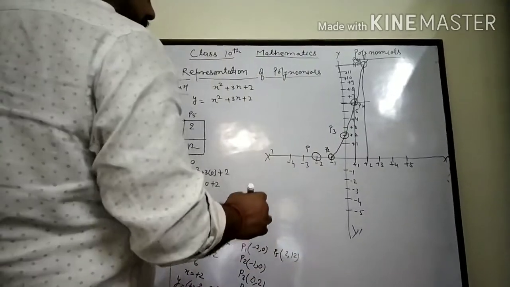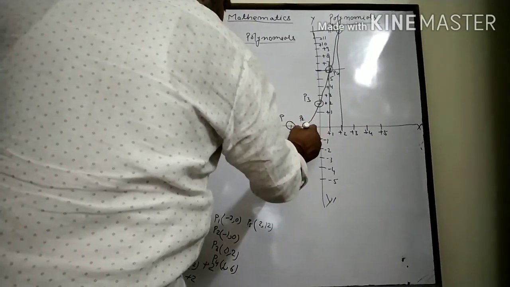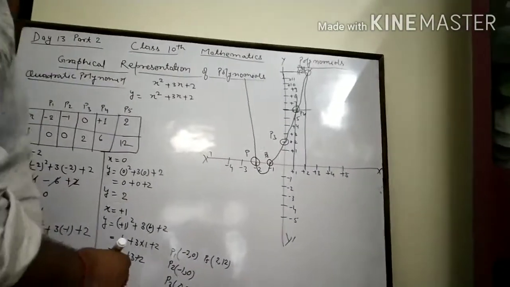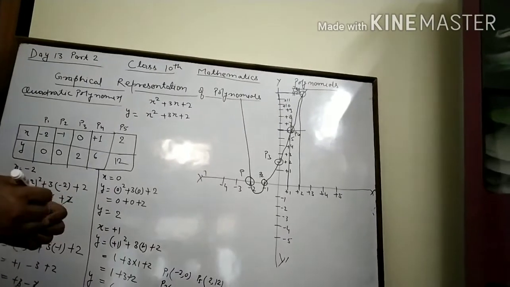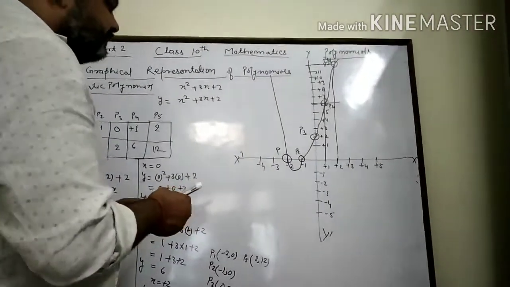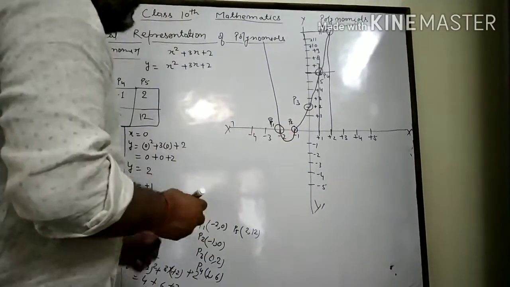Then after that it will be like this way. We got the curve. It is P1.